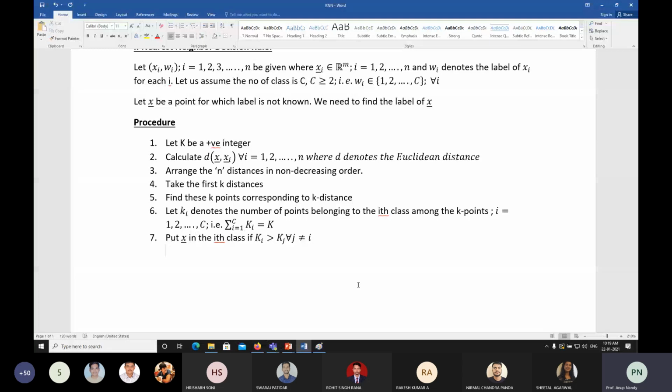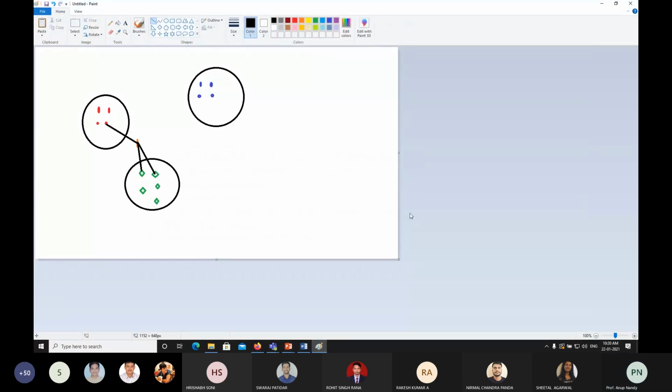Now there is a different thing that we need to address. If Ki is greater than or equal to Kj, then how are you going to take the decision? Okay, before that, I'll show you these things, so it will be more clear to you.